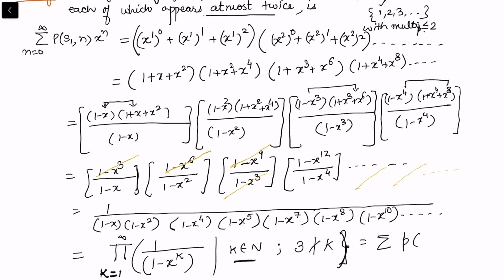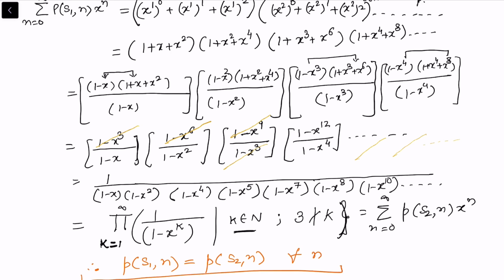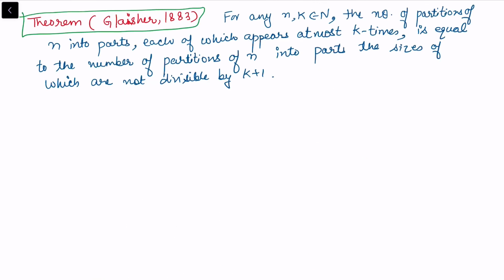So this is the sum of p_s2(n) x to the power n, n going from 0 to infinity, and so from here we can always write that p_s1(n) is equal to p_s2(n) for every n, and this proves our identity.